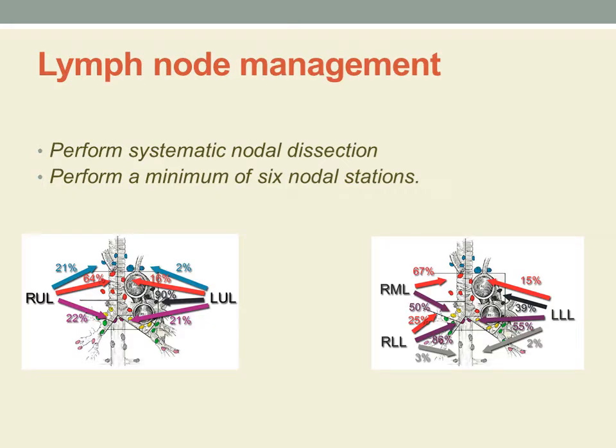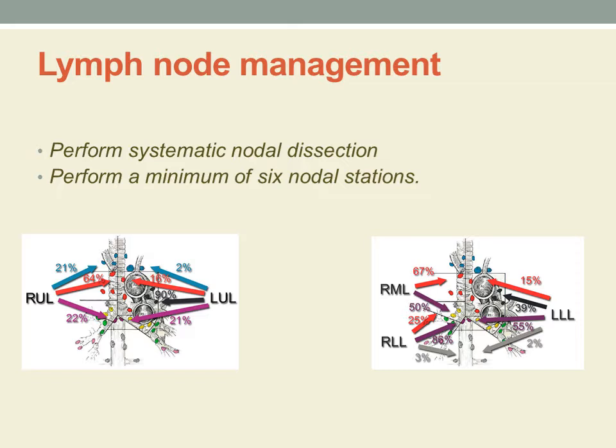Thoracic surgeons should be moving towards increasing accuracy of cancer staging by systematic nodal dissection. However, there is considerable variation in practice, from no lymph node sampling, through lobe-specific sampling, to segmental nodal resection.